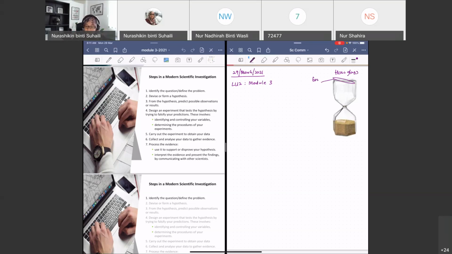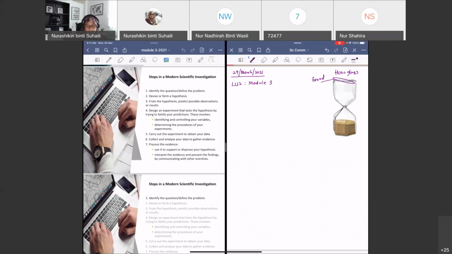That means when we want to do any research, we start with a broad topic, a broad concept, and that is where we start to identify the problem first. But at that point, the problem is still general, not specific yet.